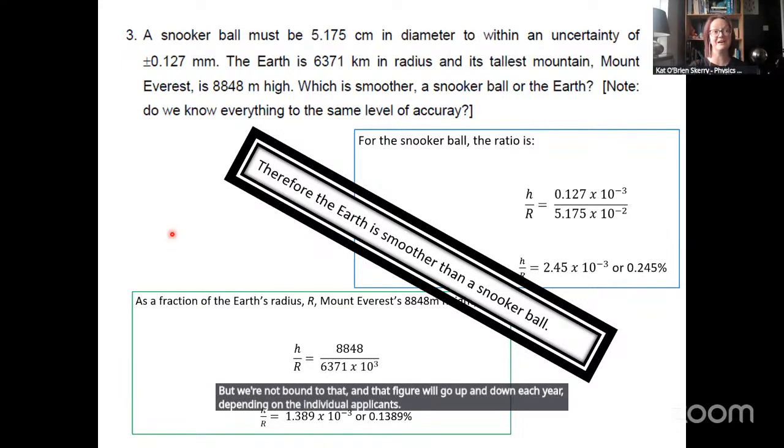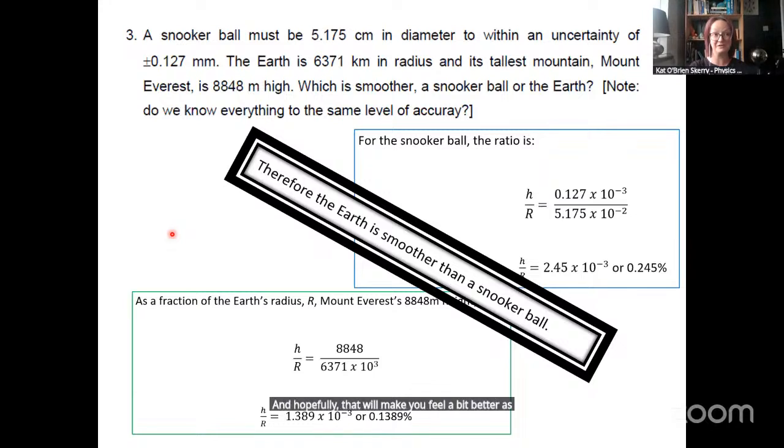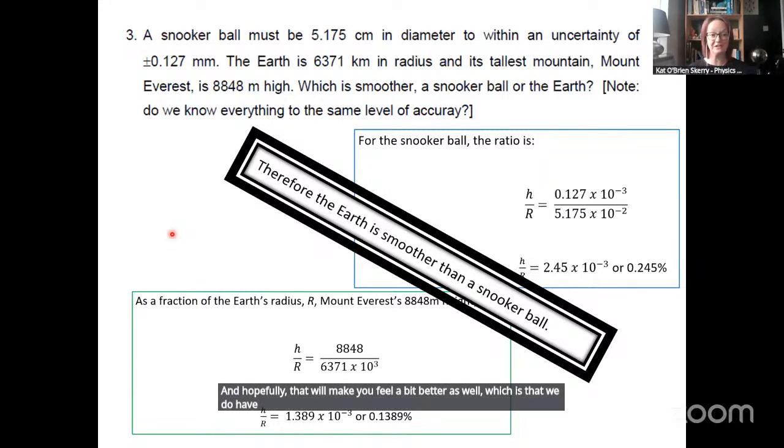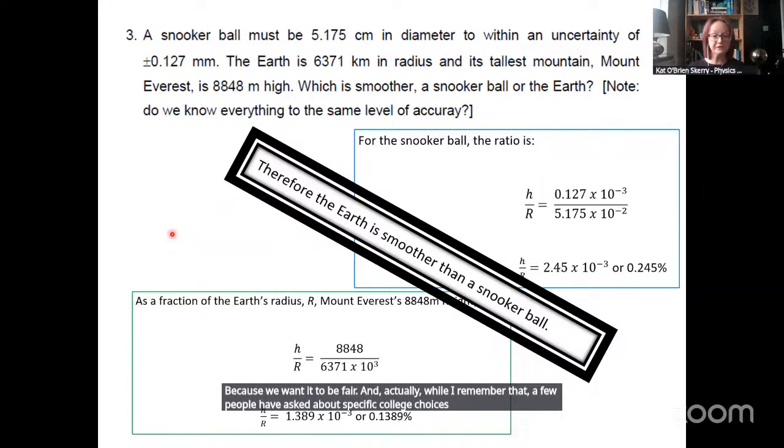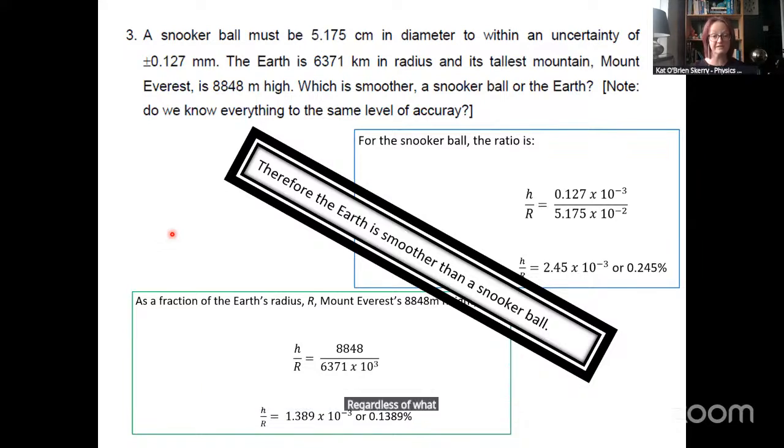And hopefully that will make you feel a bit better as well, which is that we do have this variation year in, year out, because we want it to be fair. And actually, while I remember that, a few people have asked about specific college choices. We have only a few principles in our physics admissions policy, and what we absolutely enshrine is that every applicant should have the same chance of getting in regardless of what school they went to, and every applicant should have the same chance of getting in regardless of what college they list as a preference.